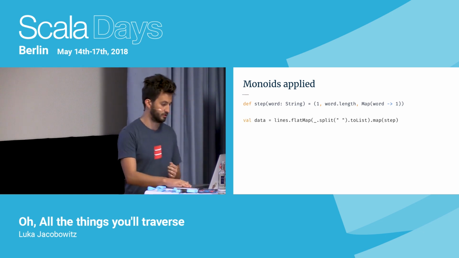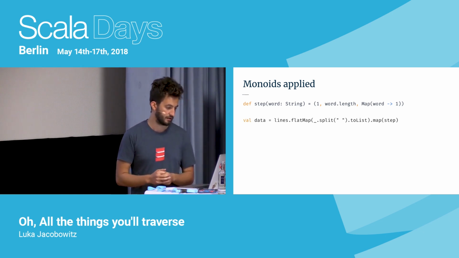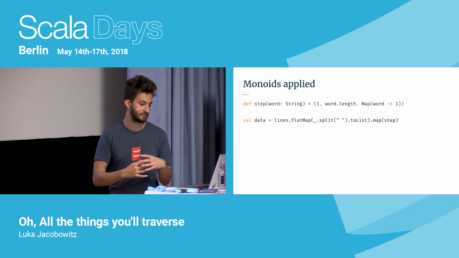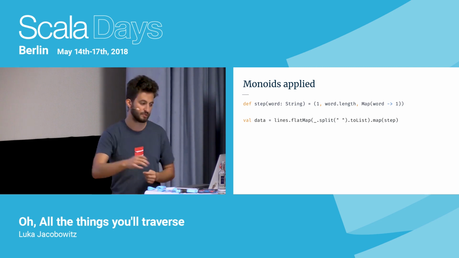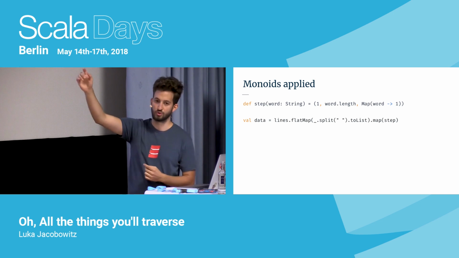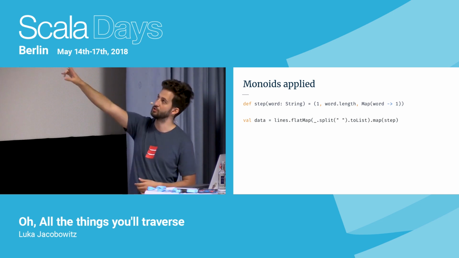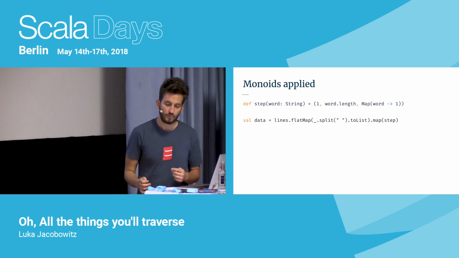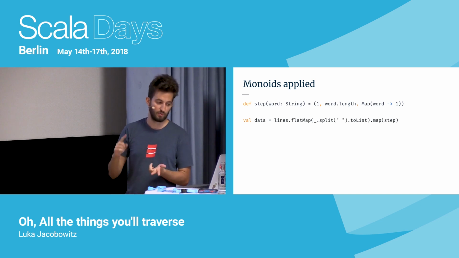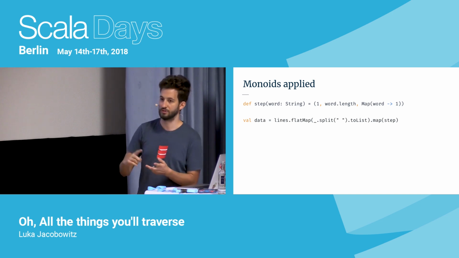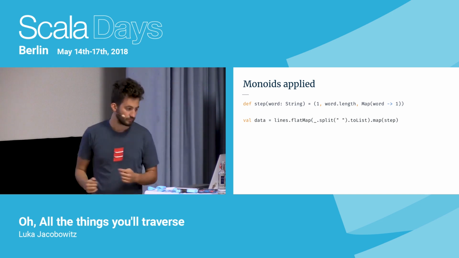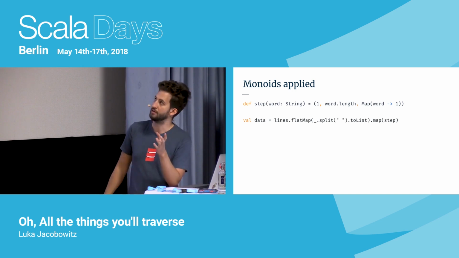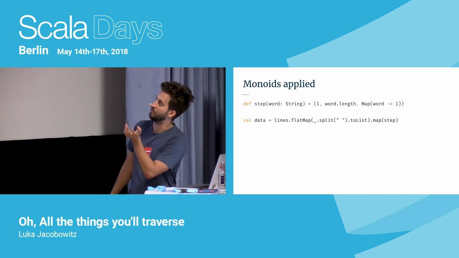So we define the step function, and we have a data value that reads in our text data as lines, and then splits them all up into words, and then maps them to a tuple of two integers and a map of string to integer, right? They will represent the number of characters, the number of words, and also the occurrence of each word, right? So if we apply this step function to a word, we will get a tuple of 1, then the word length, and then a map of word to 1.